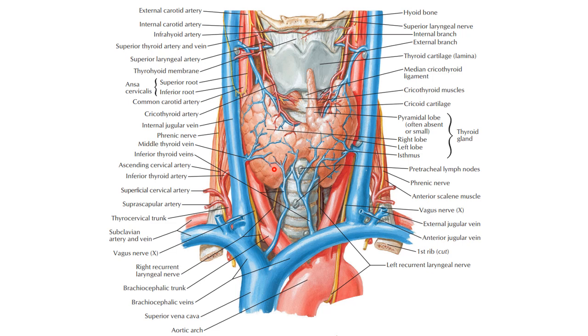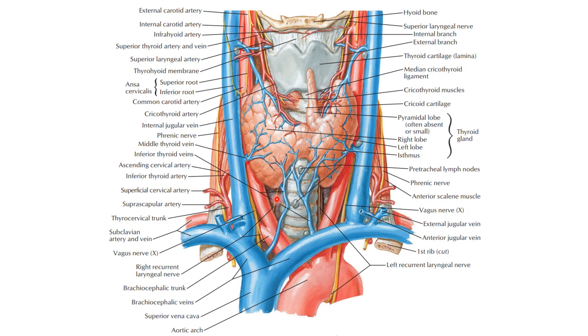What's unique in this picture is that this picture shows you the vagus nerve within the carotid sheath, and as it descends into the chest, it will provide this nerve, which is your recurrent laryngeal nerve, and on the right, the recurrent laryngeal nerve loops here in the innominate artery or the subclavian artery.